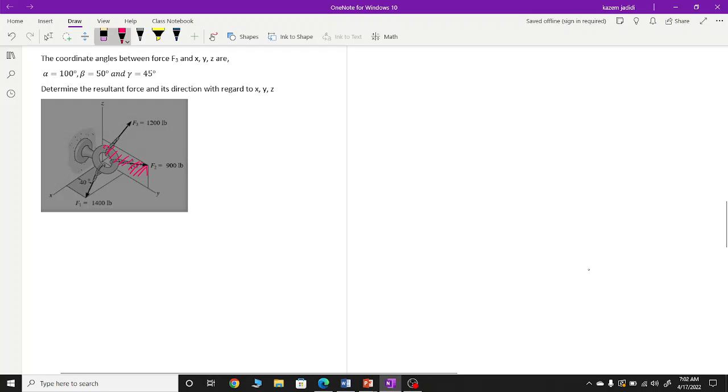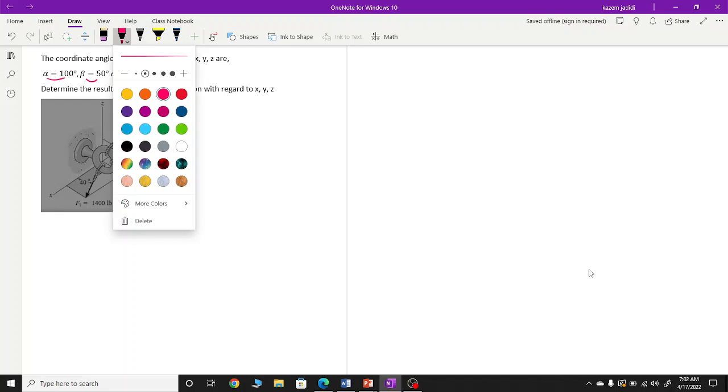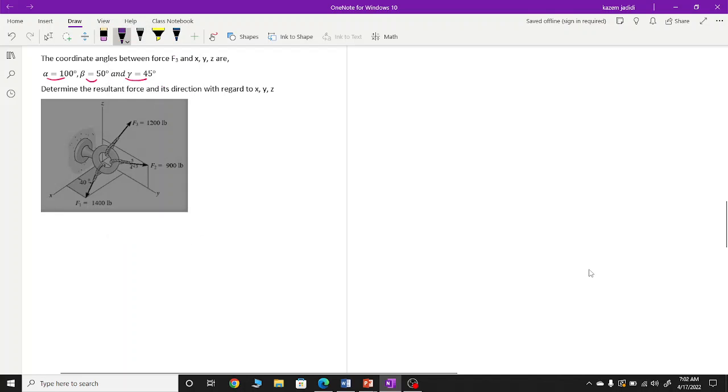That means that it doesn't have any X component. But when we look at F3, it's floating in air and alpha, beta, and gamma for it are given. Therefore, it's going to have all three components. So the best way to solve this problem is Cartesian format.